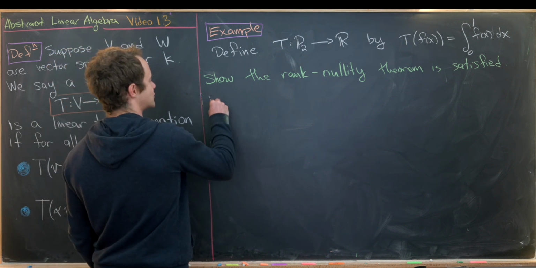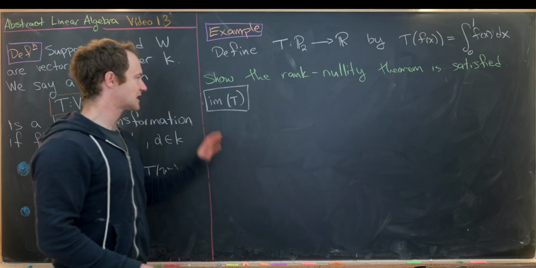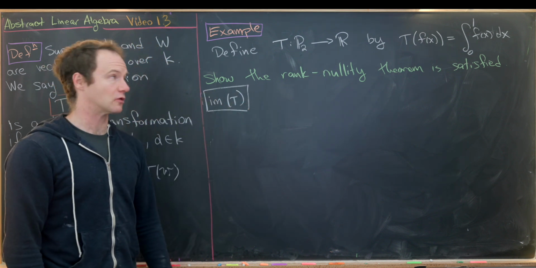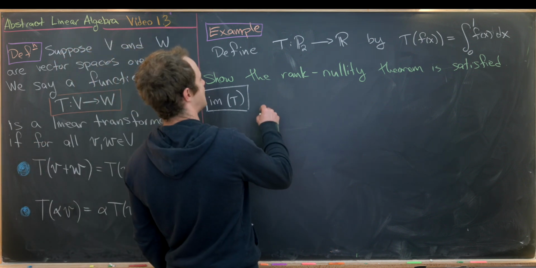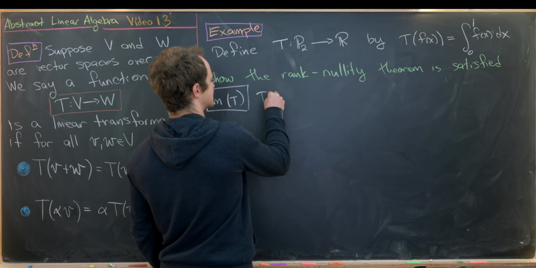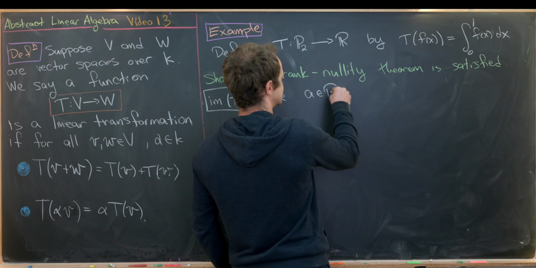Okay, so let's start by looking at the image of T. I'm going to claim that the image of T is all real numbers. That's actually pretty easy to do, and that's by the following argument. Let's take, maybe I'll just call it the number a, which is a real number.